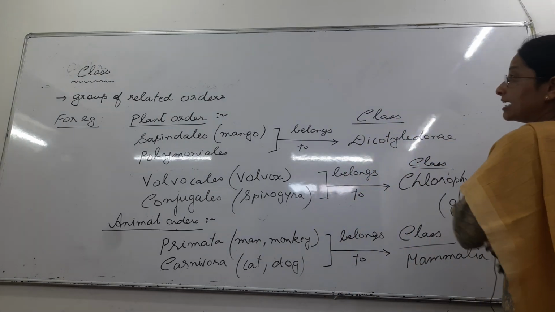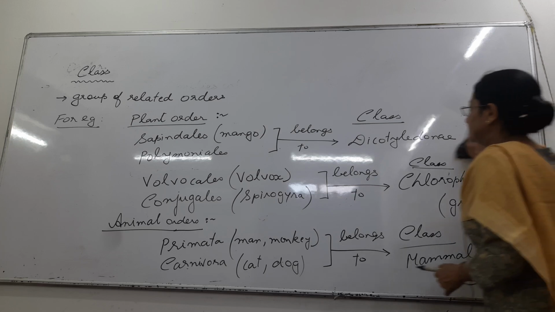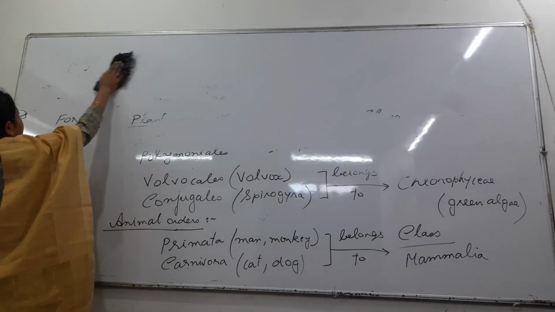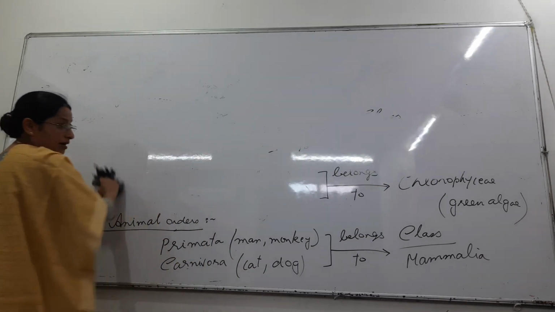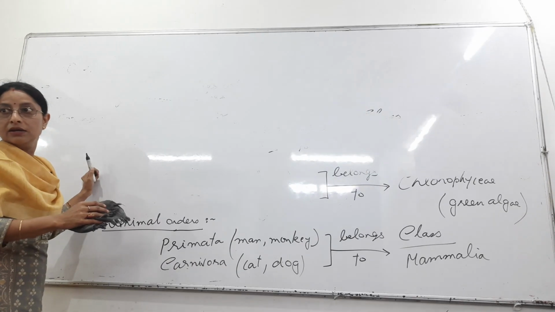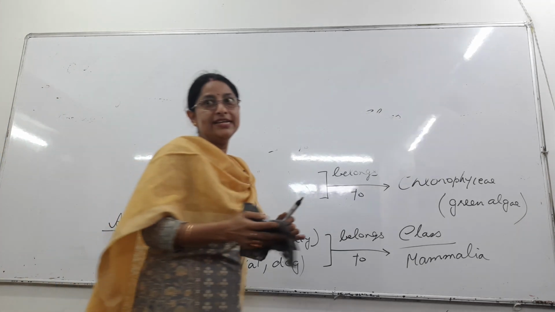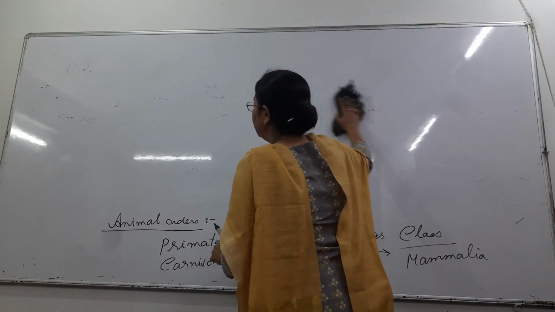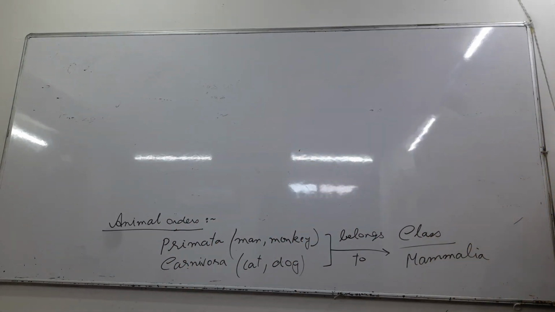For phylum, write phylum, oh, phylum or division. Doesn't matter in which order you read. You go from the smallest unit of classification to the highest unit of classification.